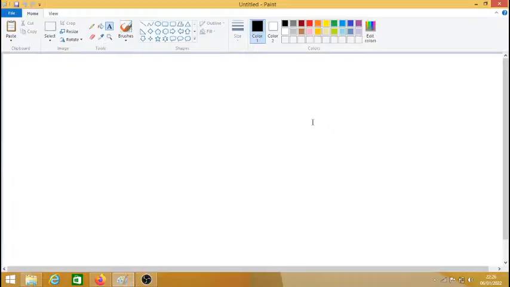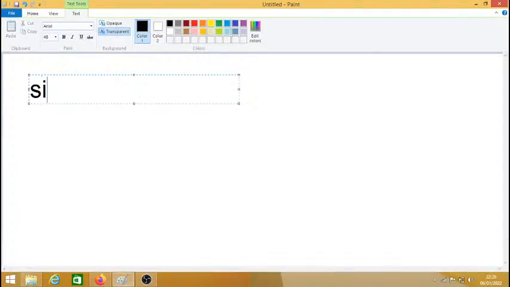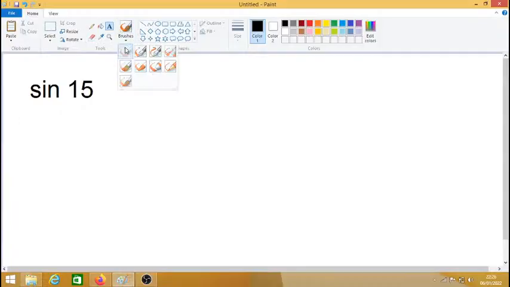Okay, Bismillah ar-Rahman ar-Rahim. We begin with today's example, which is work out sine of 15 degrees. So this time we have to get an exact value. We're not allowed to use a calculator, and we're trying to use the formulas we worked on yesterday.